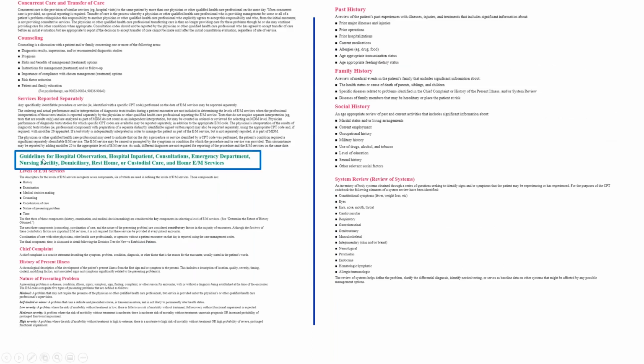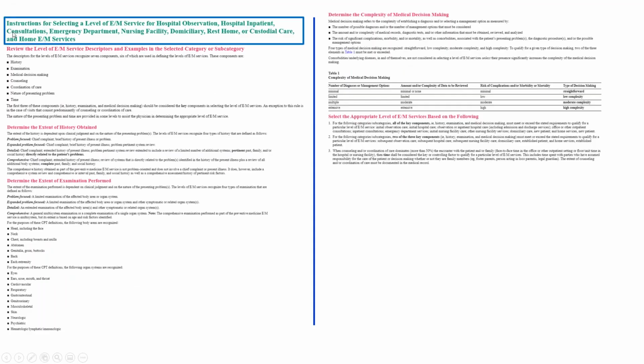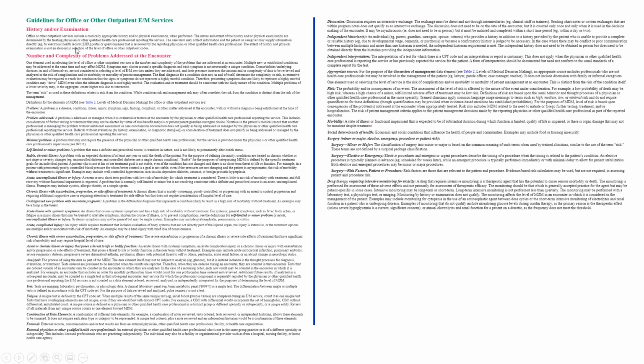Also, our guidelines for hospital observation, hospital inpatient consultation, emergency department, nursing facility, domiciliary, rest home, or custodial care. These are some of the guidelines. Instructions for leveling an E&M service for everything except an office visit is here.